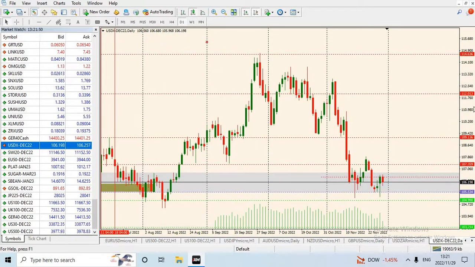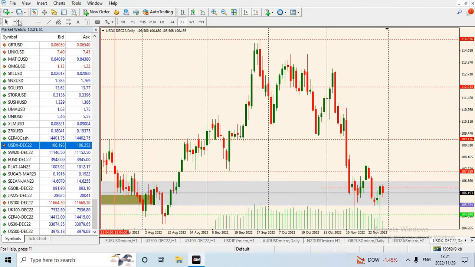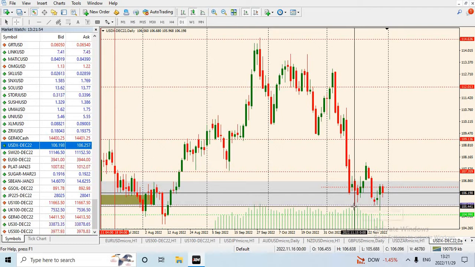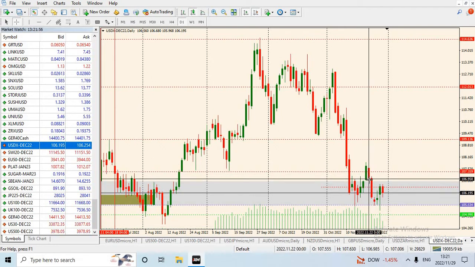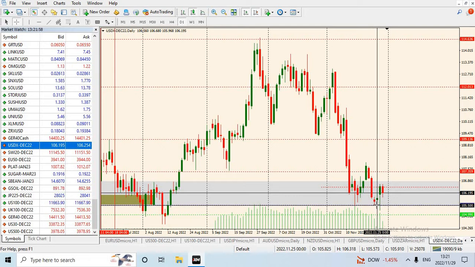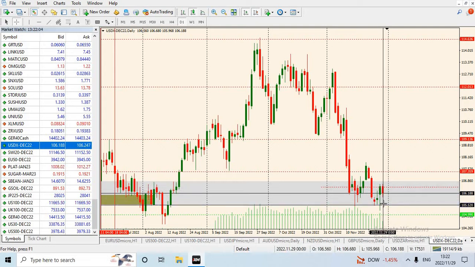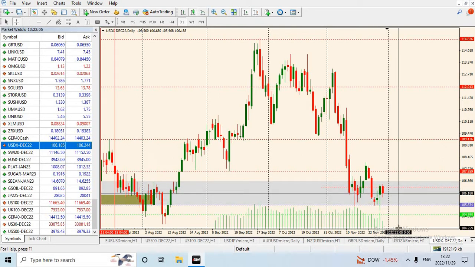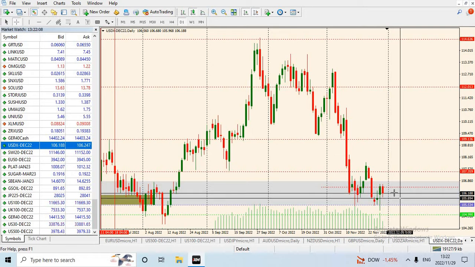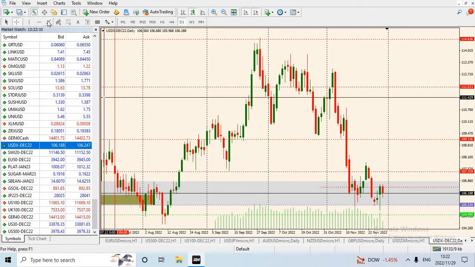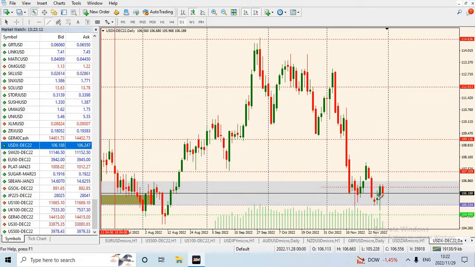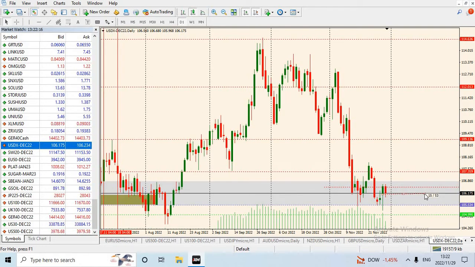If we look closely, we'll see that price traded away from this discount into a premium, rejected, retraced back into this discount, came into this premium, and now it's currently reacting away from it. So by tomorrow, Wednesday, New York session, if it's still here, how would I frame my trade? I'd mark out this premium array on the daily.